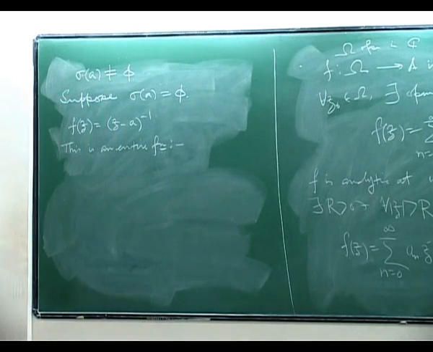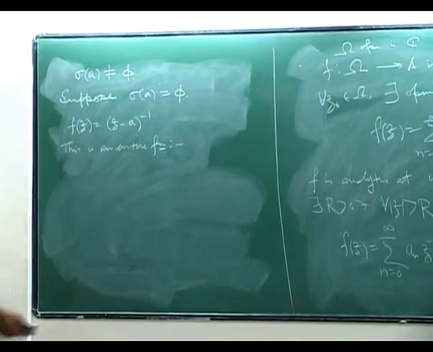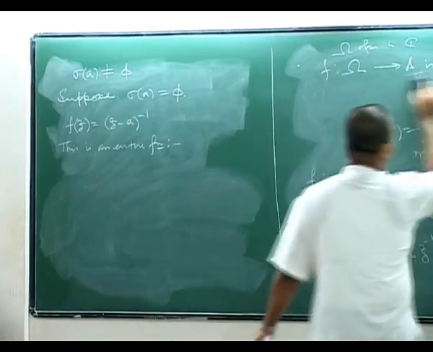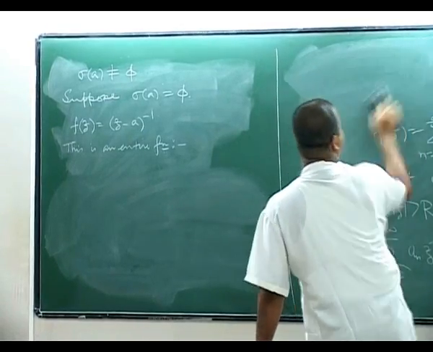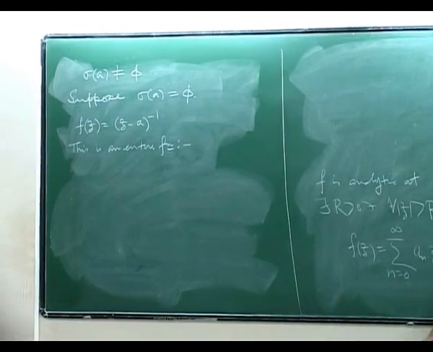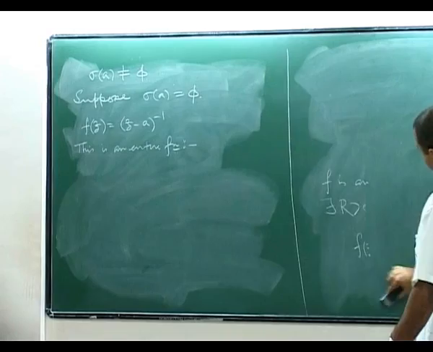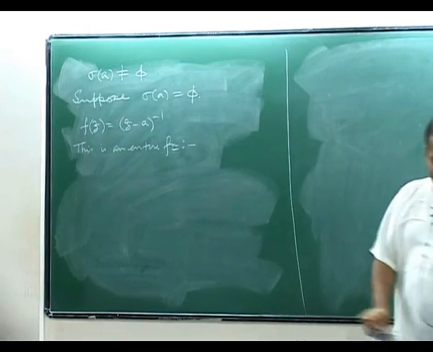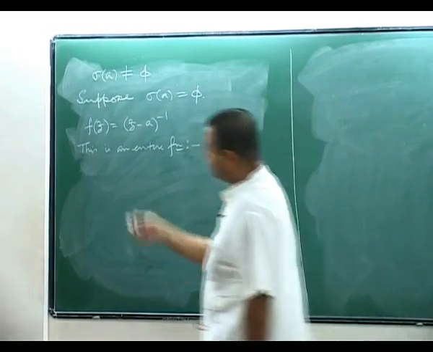Let us prove this step first, that this is analytic here, and then we will come back to that step. To prove analyticity, we need to start with an element z0 on that set.